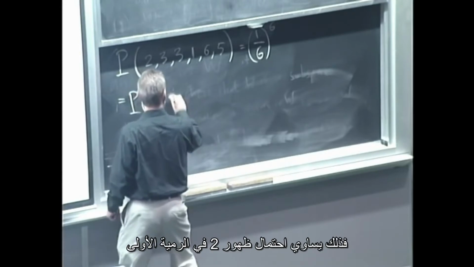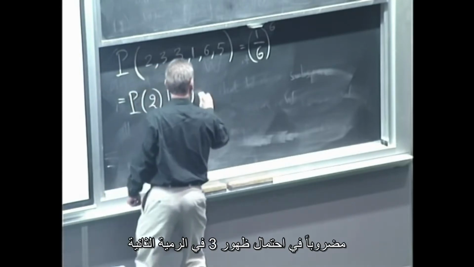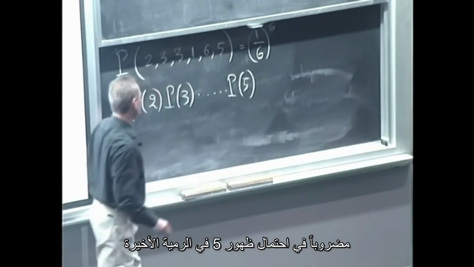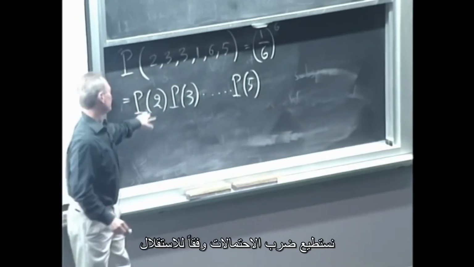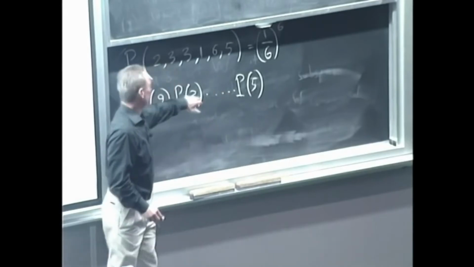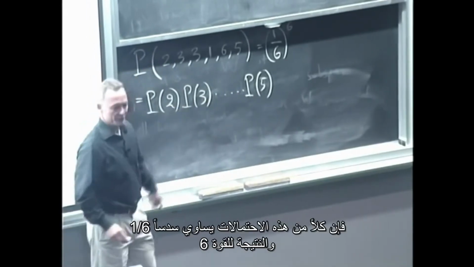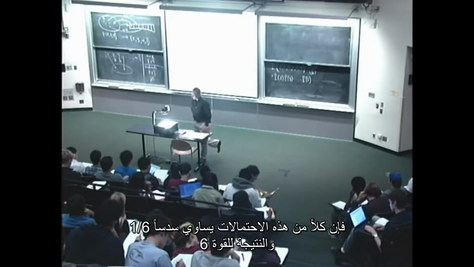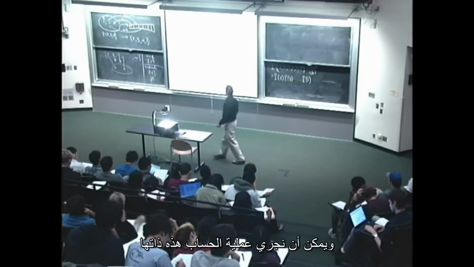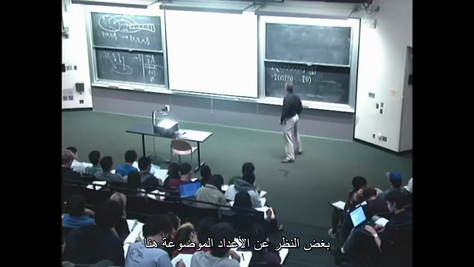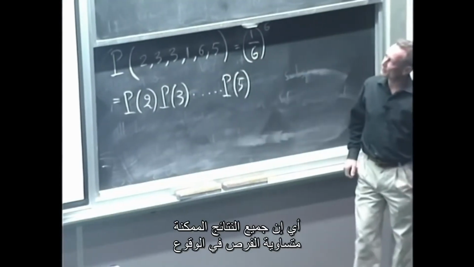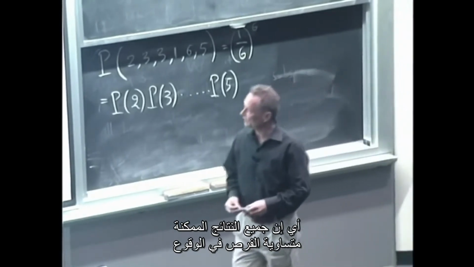So if I were to spell it out, it's the probability that we get a 2 in the first roll times the probability of a 3 in the second roll times the probability of a 5 in the last roll. So by independence, I can multiply probabilities, and because the die is fair, each one of these numbers is 1/6, to the 6th. And so the same calculation would apply no matter what numbers I would put in here. So all possible outcomes are equally likely.